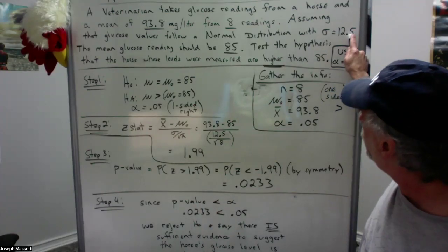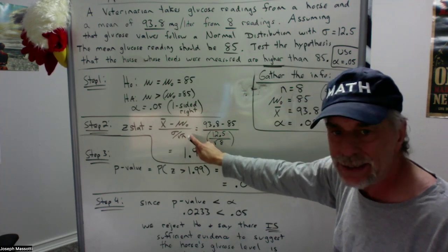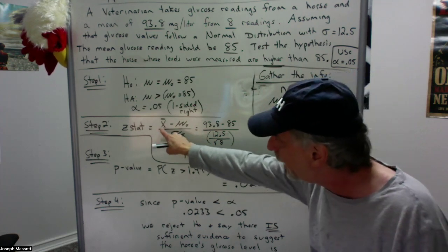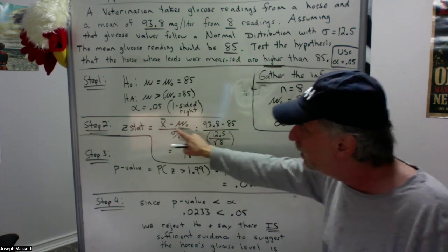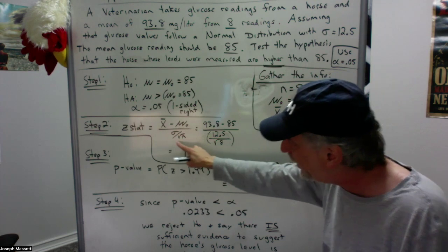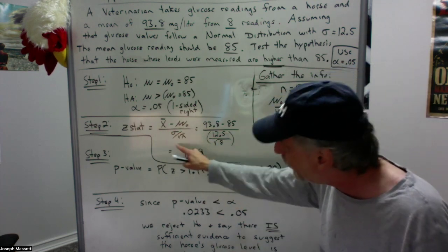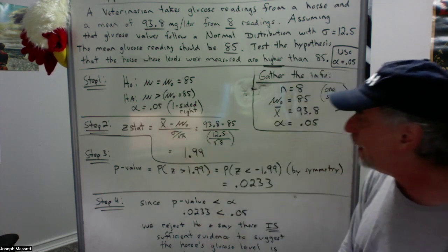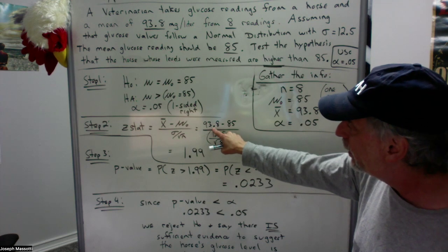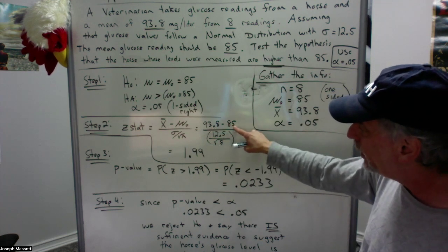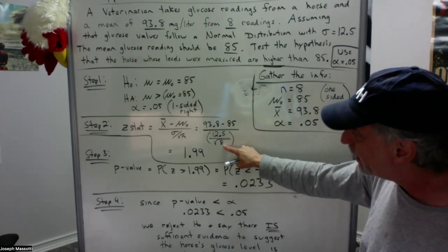But for now, we do know the population standard deviation, so we form our z-test statistic with this formula: the sample mean minus the hypothesized value divided by the standard deviation, or what we sometimes call the standard error of the sampling distribution of that sample mean. We have all those values: the sample mean, the hypothesized mean, the population standard deviation, the square root of the sample size.